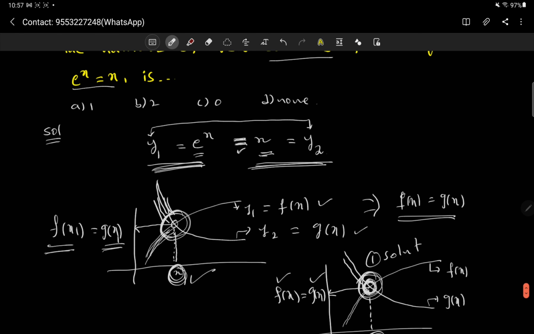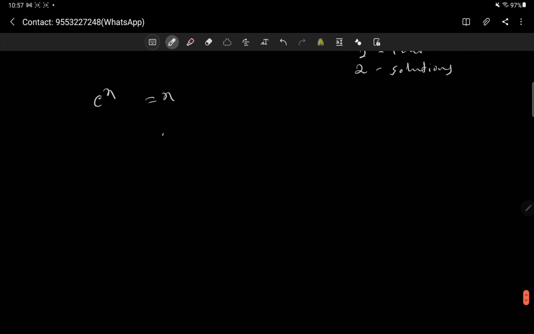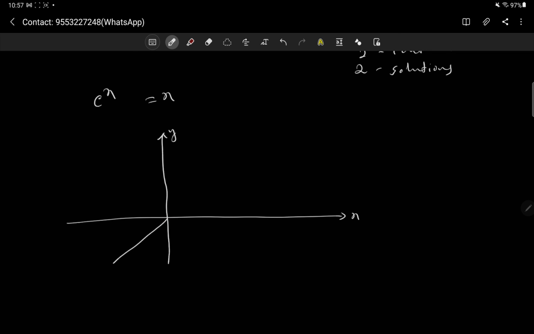Now we need to discuss this problem, e power x is equal to x. This is the x axis and this is the y axis. So the graph of y2 is equal to x will be like this. And what about e power x? On substituting 0 the result will be 1.